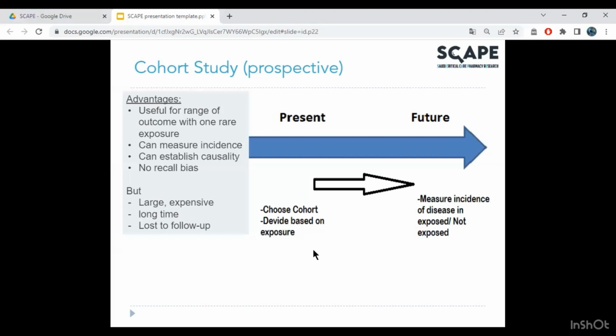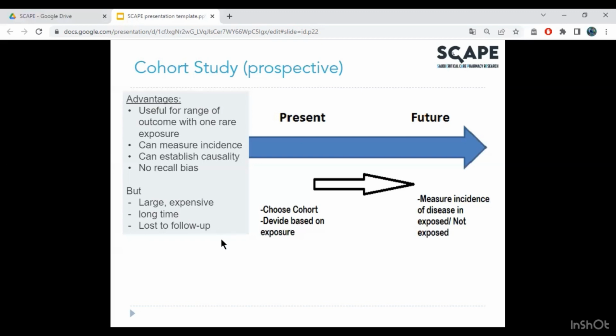You have to wait years to get the outcome, or the mortality, or the progression, or whatever health outcome that you are waiting for. Cohorts of these types might take tens of years.